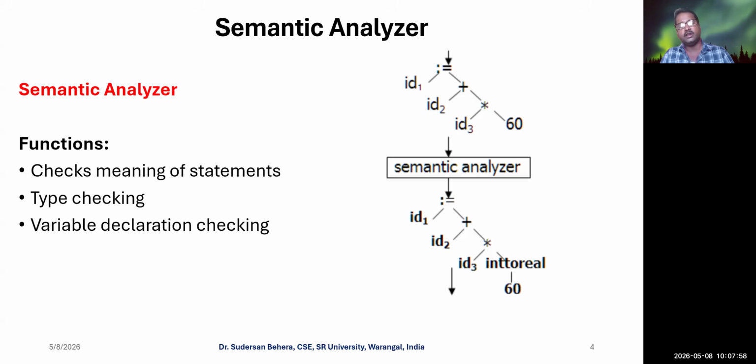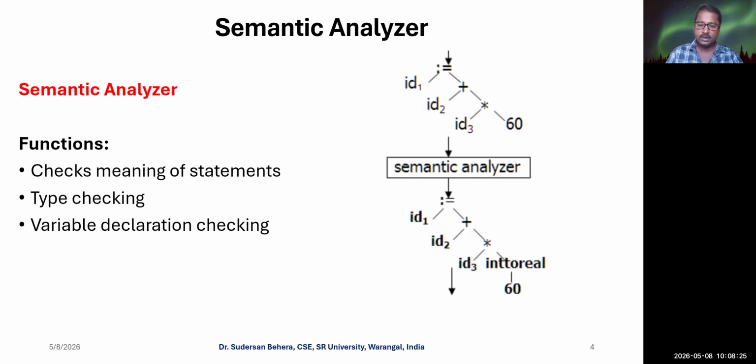One interior node has been inserted, that is an operator called inttoreal. Inttoreal is an internal operator which is assigned in the tree, and the child is again 60. Once this operator is assigned, 60 automatically becomes 60.0. Okay, the system will treat it as 60.0.